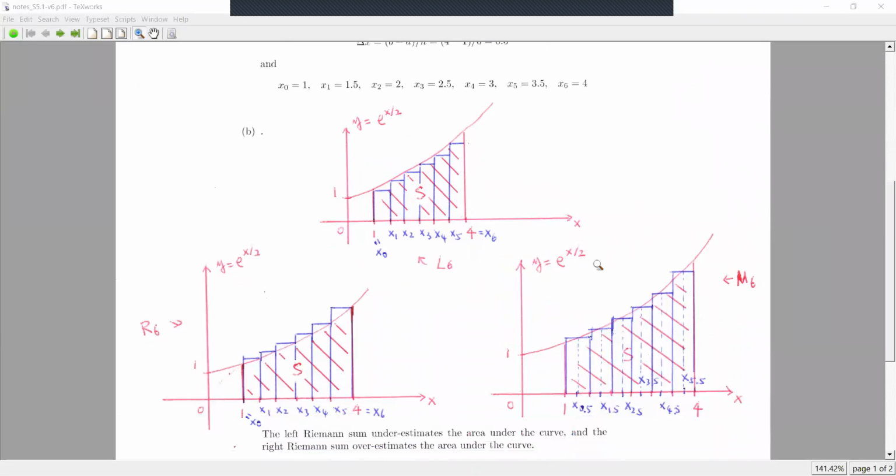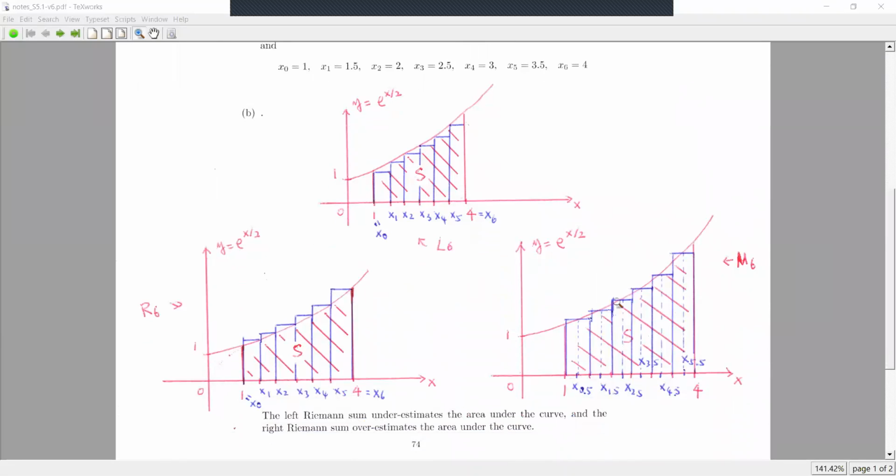Okay, here we have 3 figures. The first figure is about left Riemann sum. I cut the interval 1, 4 into 6 subintervals. Then over each subinterval, I build 1 rectangle.